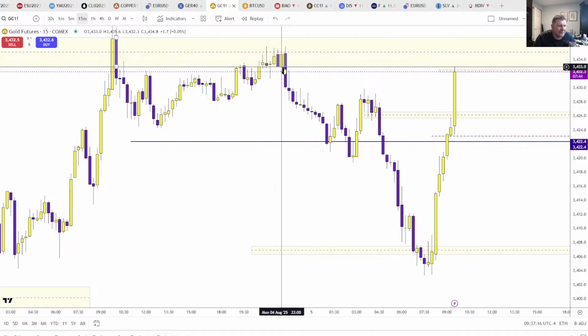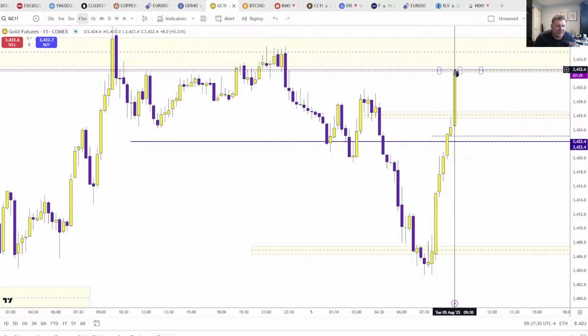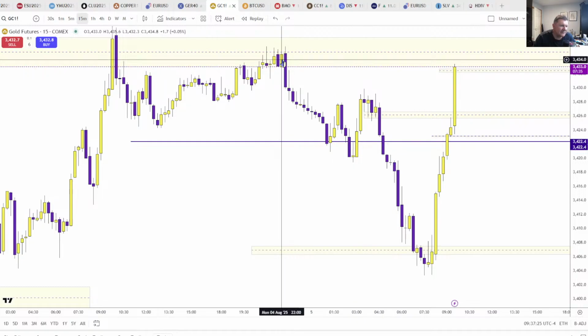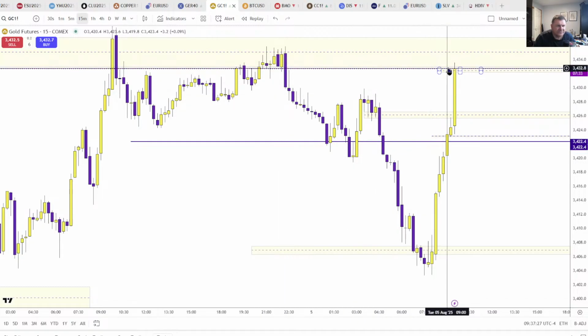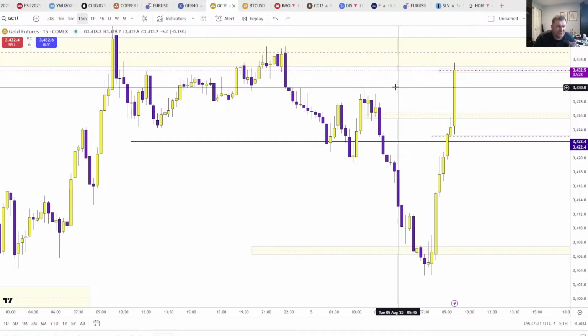Right into this candle's body, its open. Get the body to close on that and then start hunting for this mean threshold here at 34.33.